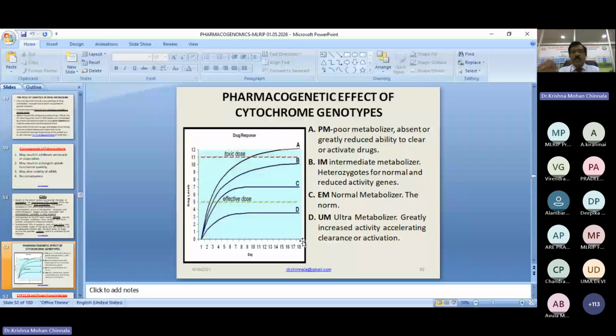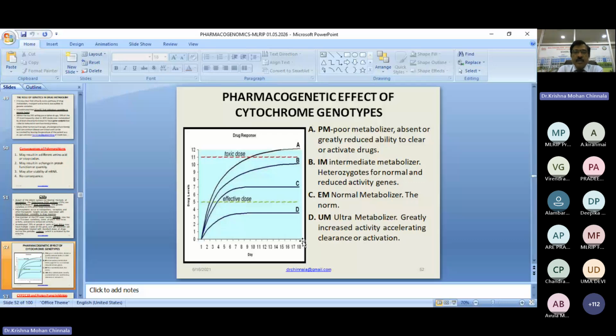Poor metabolizers: absent or greatly reduced ability to clear or activate drugs. Already we discussed, if a poor metabolizer is there, the drug may not reach the therapeutic window in plasma. Maybe it enters plasma, but at a subtherapeutic level. Intermediate metabolizers: heterozygotes for normal and reduced activity genes.